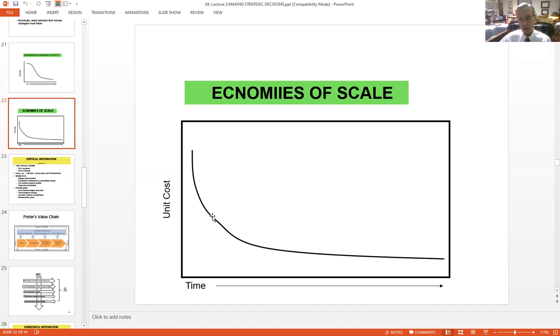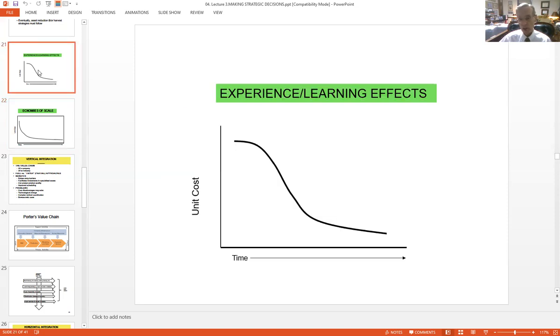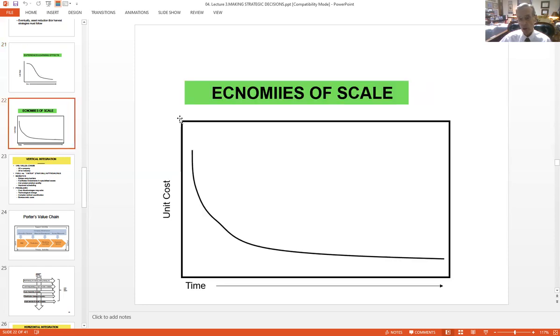And with larger volume, scale economy and efficiencies may occur. And so it's very possible that there is one further way to get your costs down when your industry matures, and that is to work your way down economies of scale by becoming larger.